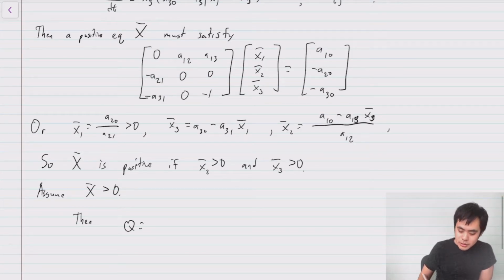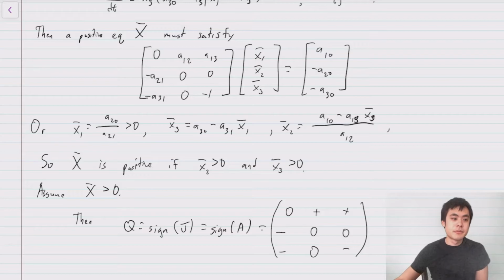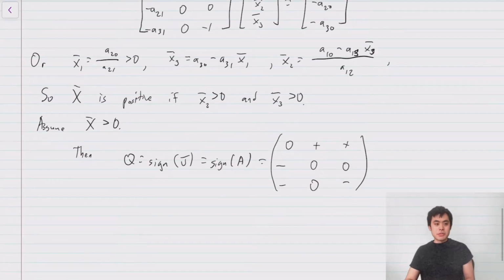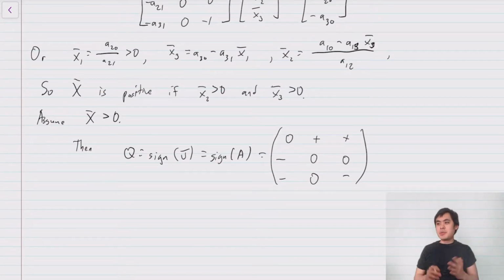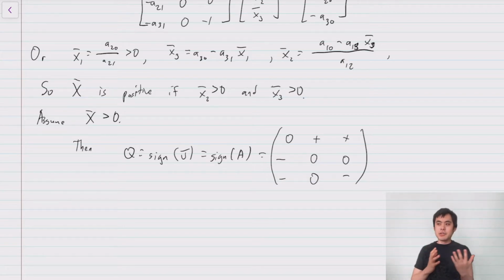Then Q is equal to the sign of J, which is equal to the sign of our interaction matrix A up there, which is 0, positive, positive, negative, 0, 0, negative, 0, negative. So now we can say, well, if all matrices that have the sign pattern have negative real parts, then you're locally asymptotically stable. But of course, that's also non-trivial to do.